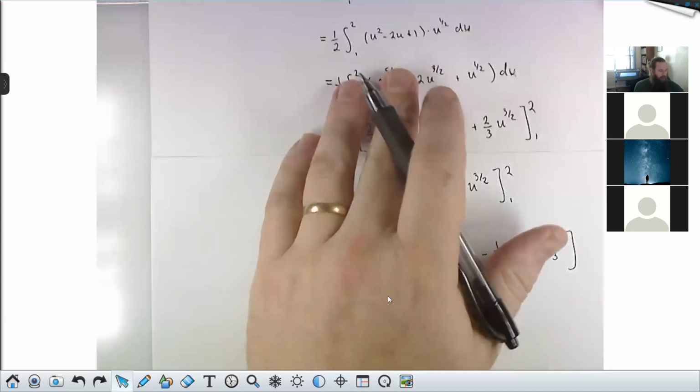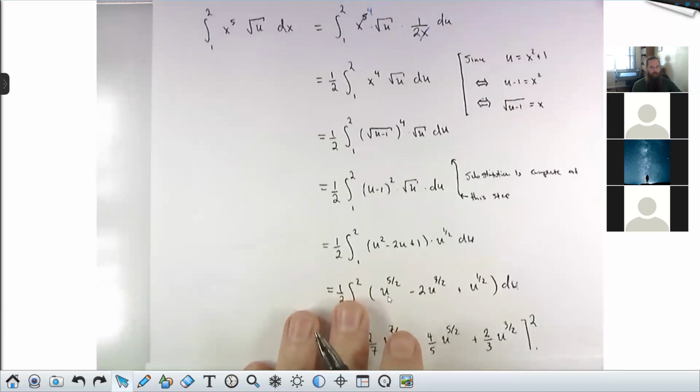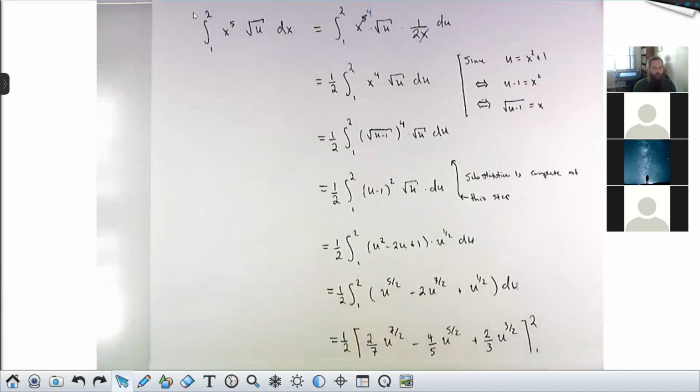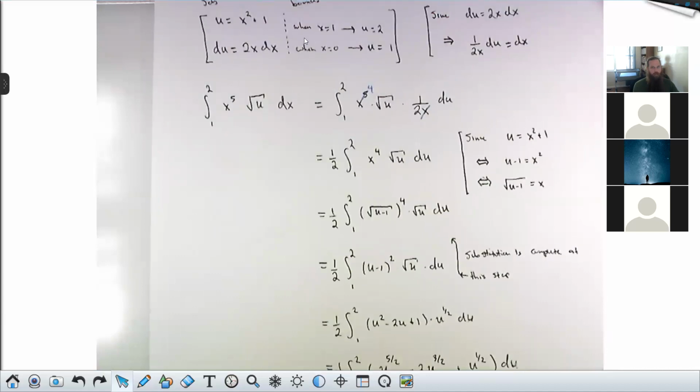So that's an important step. We had an x to the 5, right? Integral x to the 5 root u dx. And when I swapped in the dx for its du counterpart, because du is 2x dx, if I solve this for dx, I get dx equals 1 over 2x du.